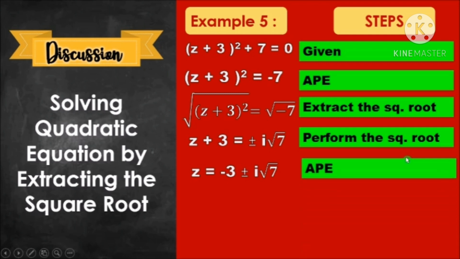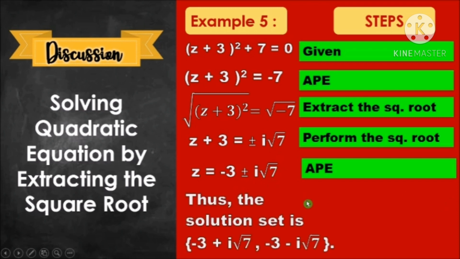Then, ang ginawa naman natin sa susunod na hakbang, nilipat natin ang positive 3 to the right side of the equation para z na lang ang matira on the left side. At ang ginamit po natin doon ay addition property of equality. Kaya nagkaroon tayo ng z is equal to negative 3 plus minus i square root of 7.